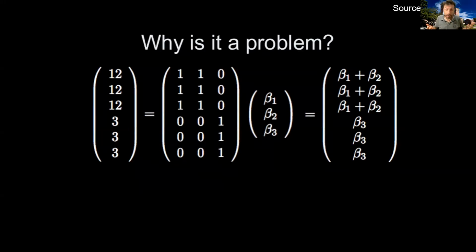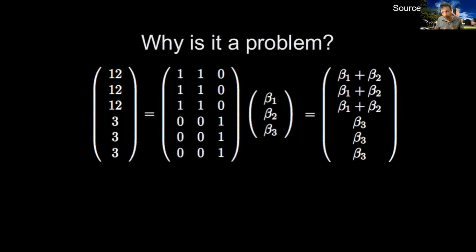But there are infinite ways of getting 12. Beta 1 could be 10 and beta 2 could be 2. Beta 1 could be 100 and beta 2 would be minus 88. So now beta 2 went from 2 to minus 88 and it would fit our data perfectly. Beta 1 could be minus 112.